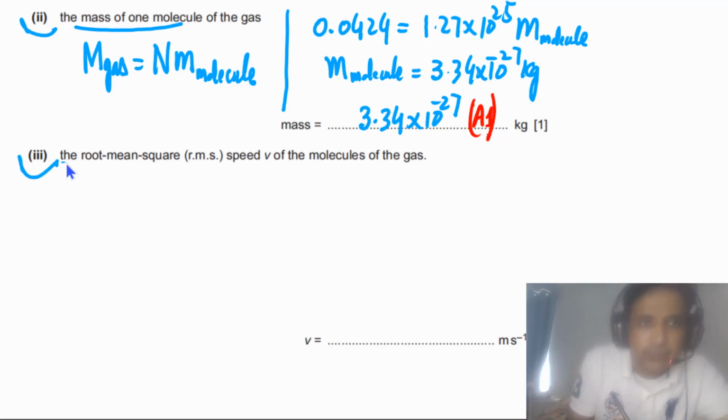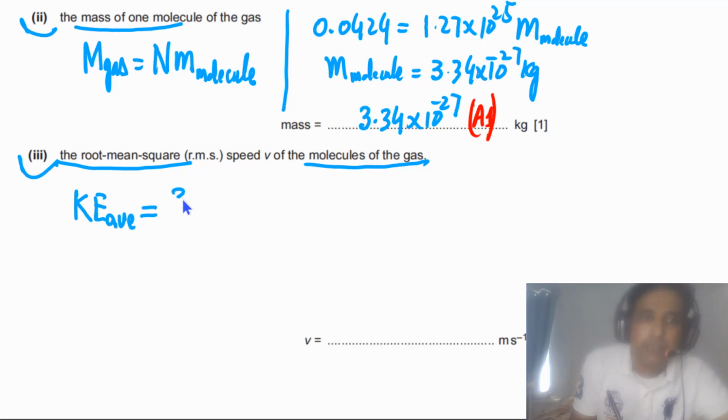For our third part, we need to calculate the root mean square speed of the molecules of the gas. So we can start with average translational kinetic energy of molecules, and this is equal to 3 by 2 kT. T has to be in Kelvin, meaning this has to be thermodynamic temperature.